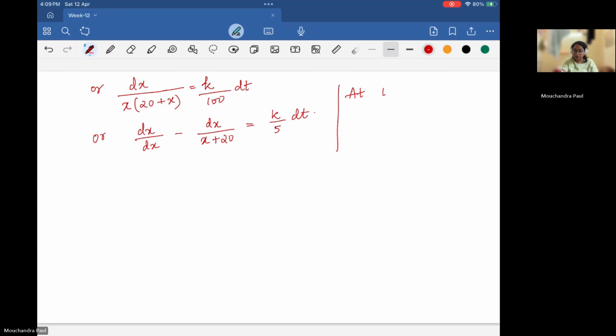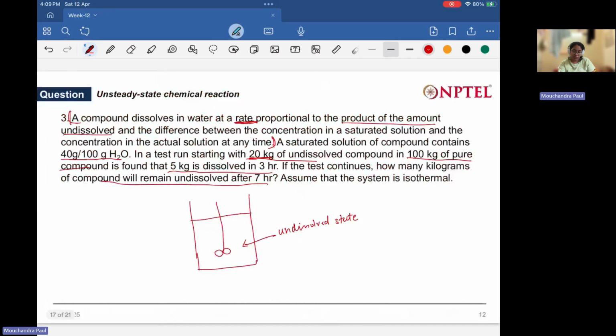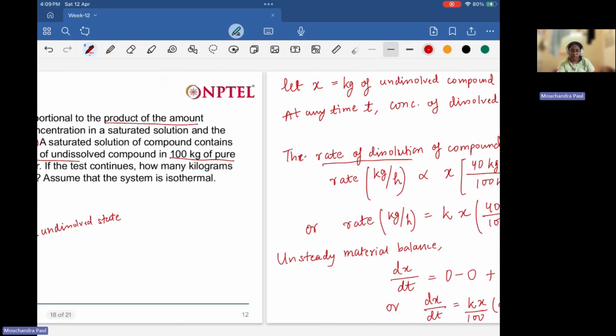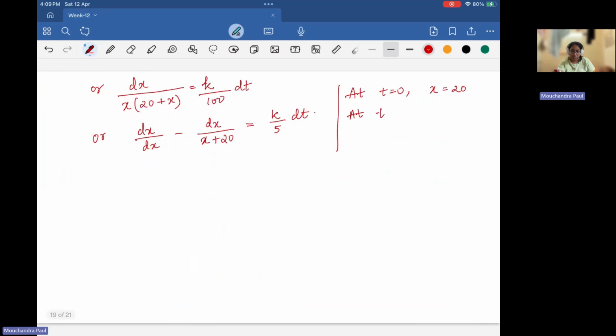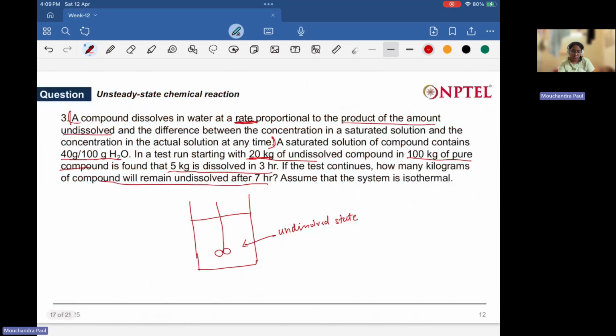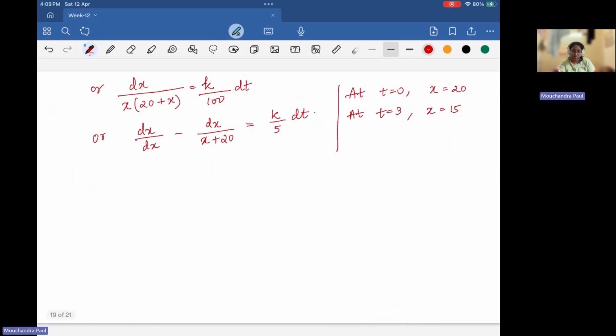At t equals 0, initially undissolved compound is 20 kg. Now they have given one condition where they said 5 kg is dissolved in 3 hours. So at t equals 3 hours, the undissolved compound becomes 15. Now you have to find out what is the compound undissolved after 7 hours.